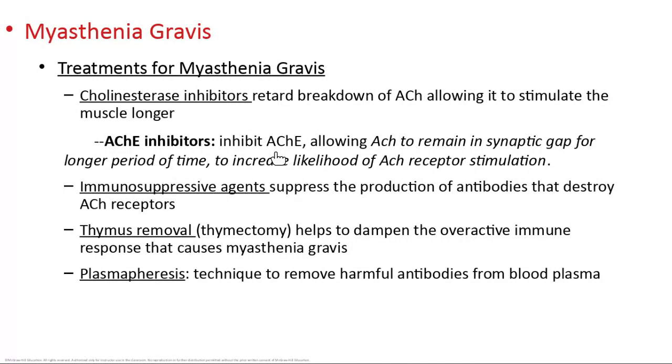It's going to inhibit acetylcholinesterase, which will allow more ACH to remain in that synaptic gap for a longer period of time, to increase the probability that there will be some stimulation of what ACH receptors are still there. Again, you can look at the others. I'm probably not going to ask you about them. They're a little bit more rare, and they can have side effects. So just be familiar with that main treatment for myasthenia.